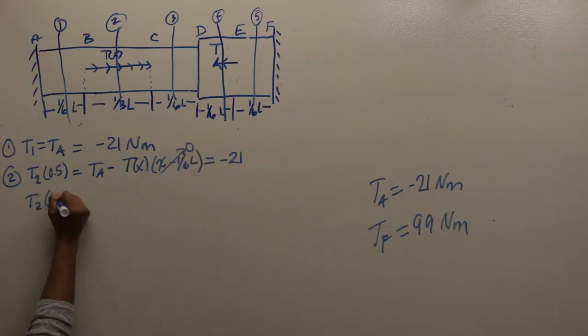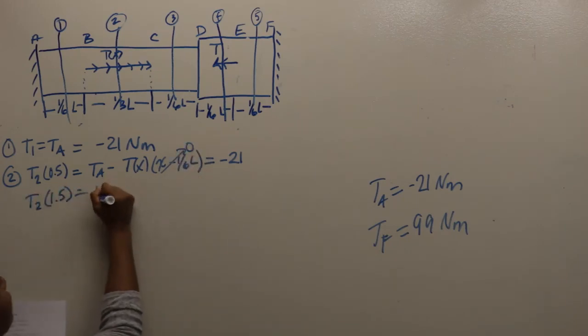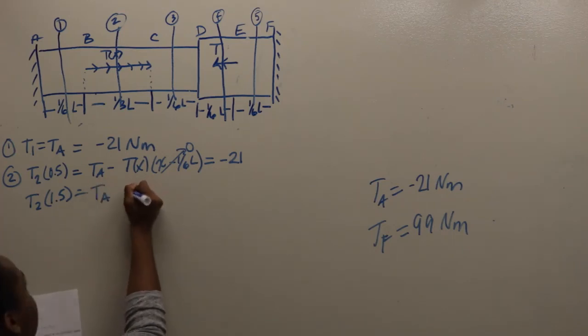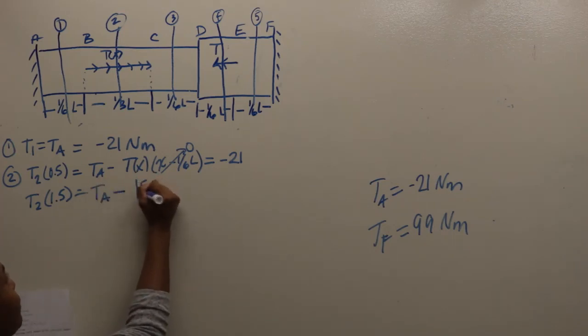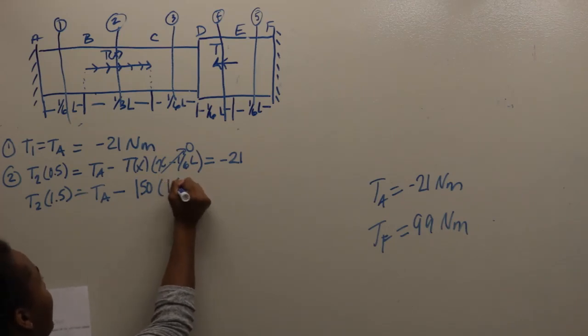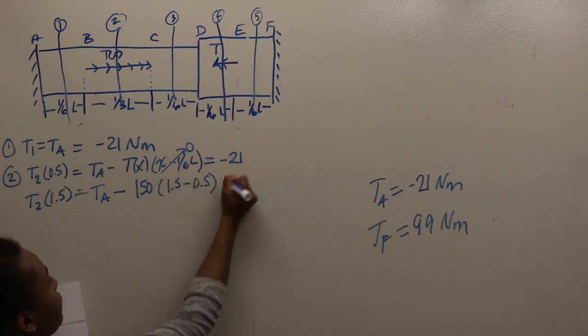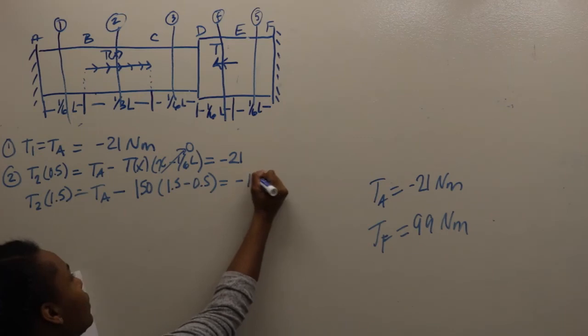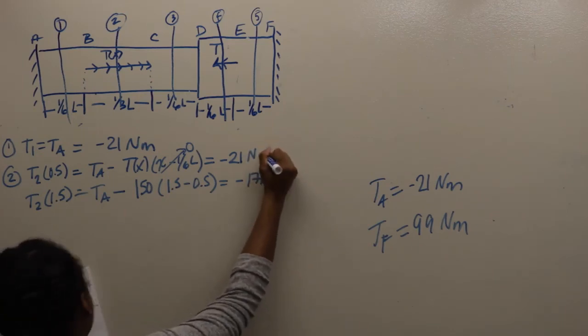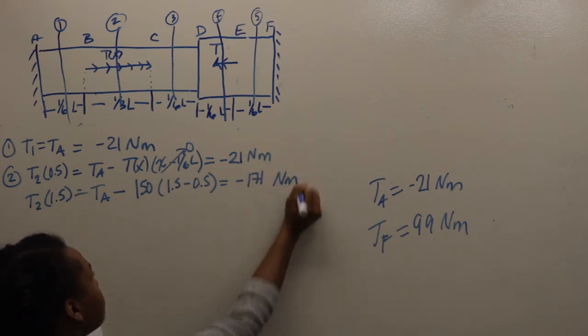T2 at x equals 1.5, we have TA minus 150 times (1.5 minus 0.5), which will equal negative 171 Newton meters.